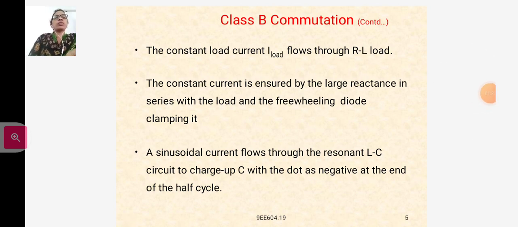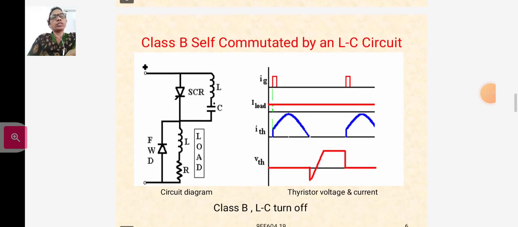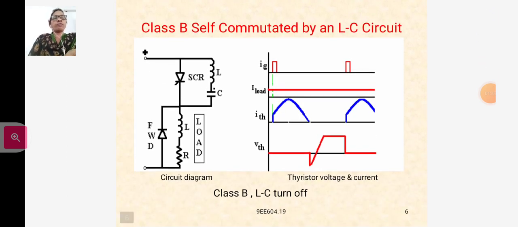The constant load current I load flows through the RL load. This is the diagram for class B commutation. This type of commutation is achieved by using an LC circuit.